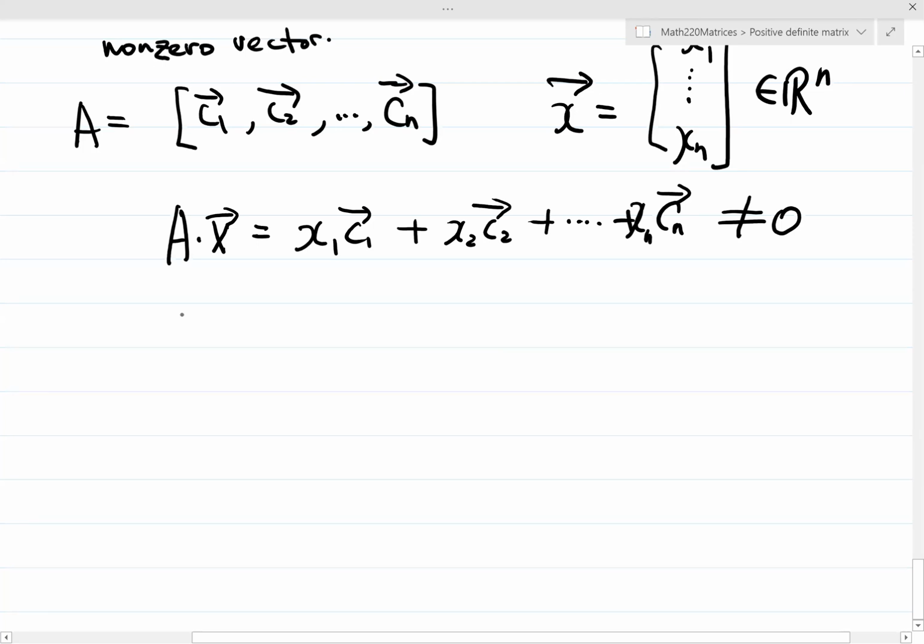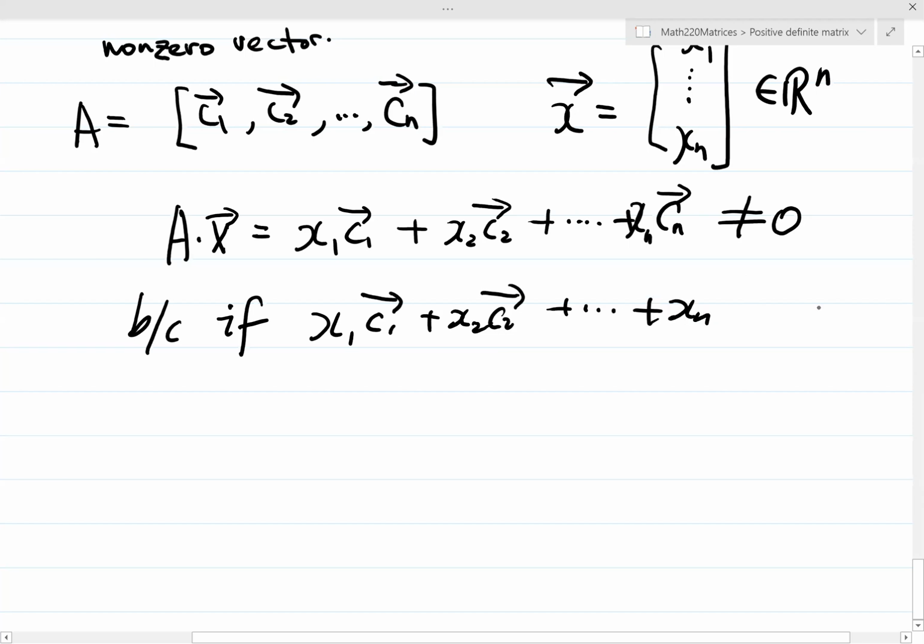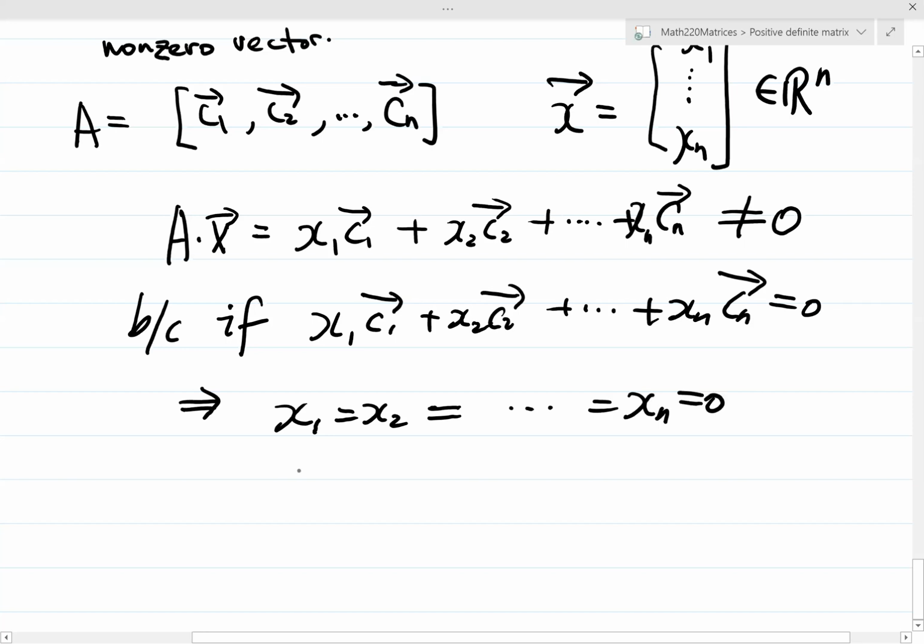If it were zero, then by linear independence we would get x1 equals x2 equals up to xn equals zero, because c1, c2, up to cn are linearly independent.